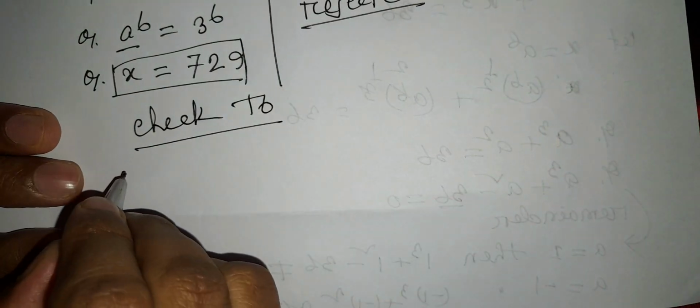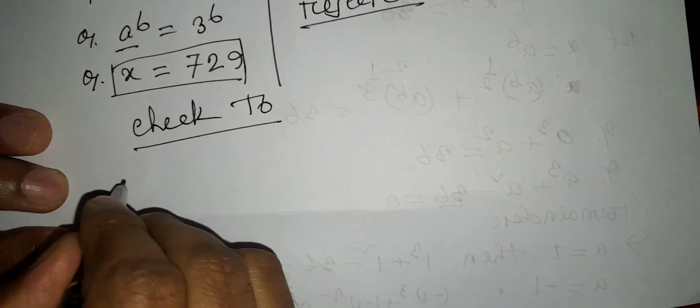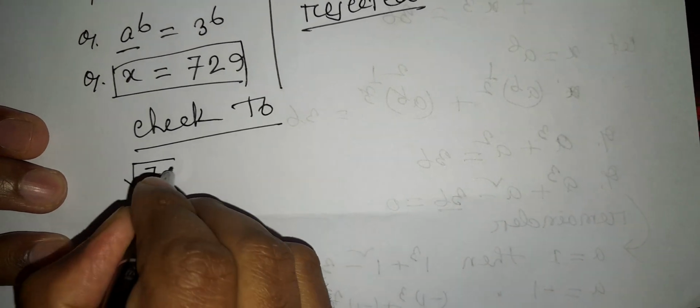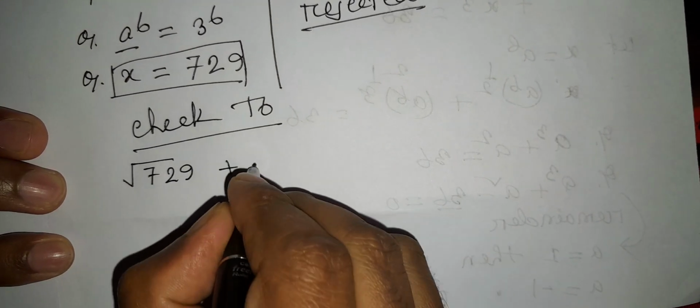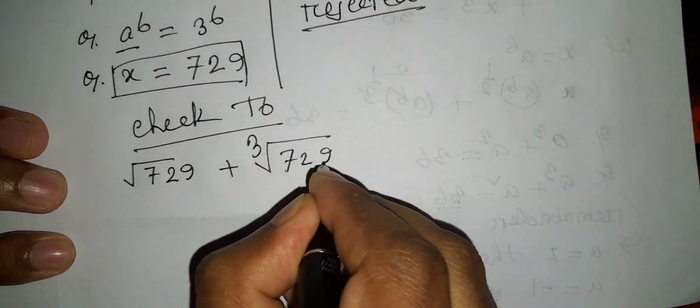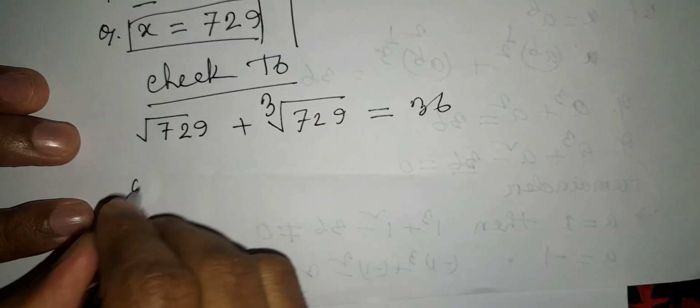Square root of 729 and cube root of 729 equal to 36.